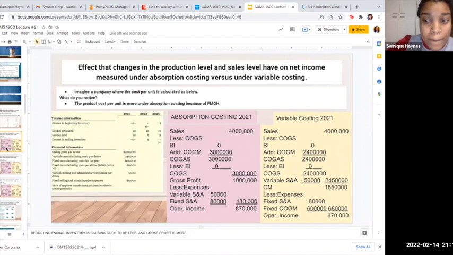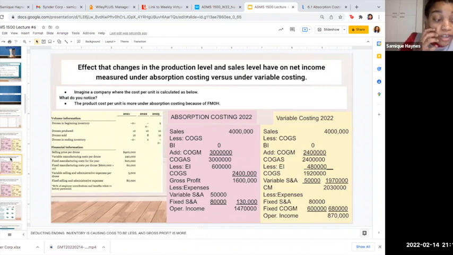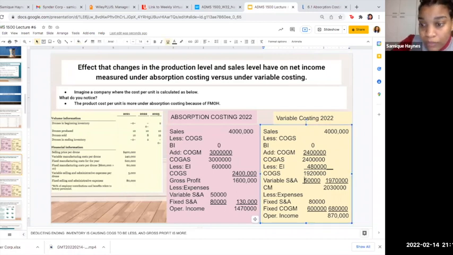Is it more or less? It's less, okay. So with our variable selling and admin, we have our total variable cost and a contribution margin of 2,030,000. And once we deduct our fixed selling and admin, or fixed cost of goods manufactured, how much are we going to get now for our operating income?